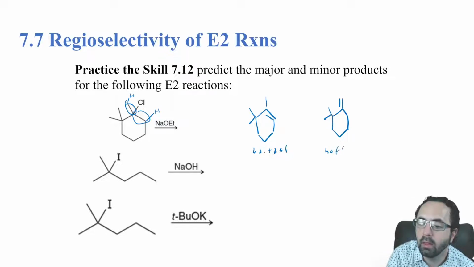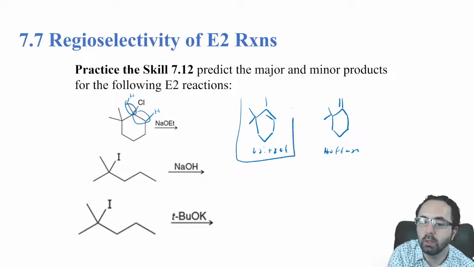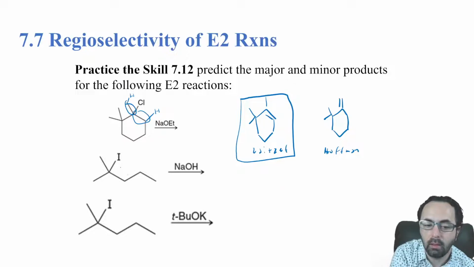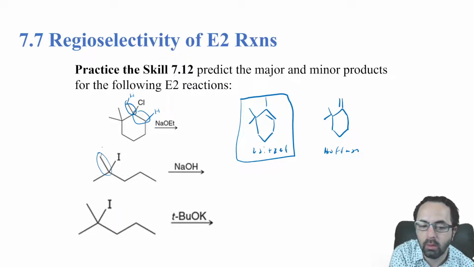Here, it would be the Zaitsev product that is preferred. It's more substituted. So the less sterically hindered base will give the more substituted product. And so again here, when it comes to this reaction, we can either have a double bond on one of these methyls with this hydrogen removed, or we can have a double bond here with this hydrogen.